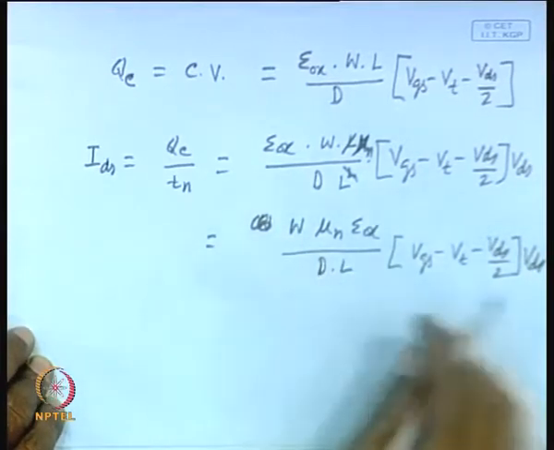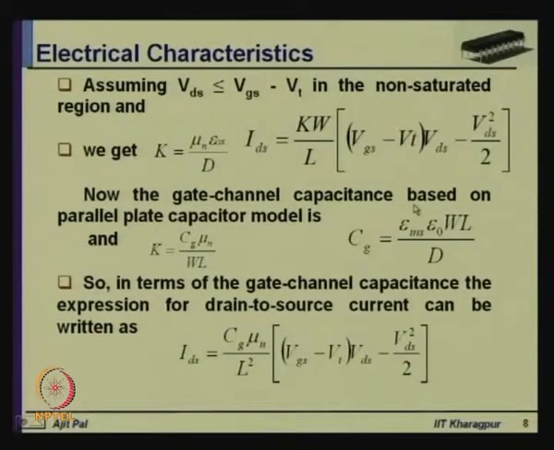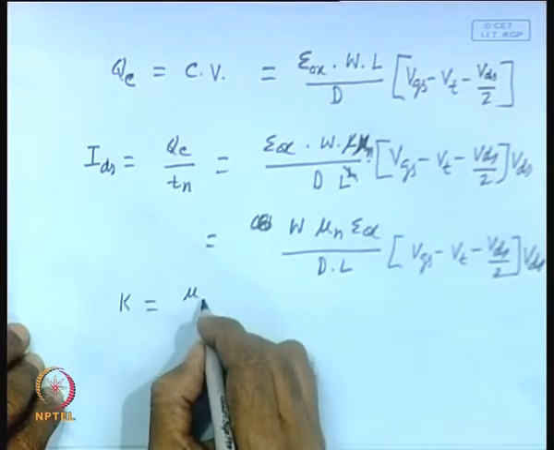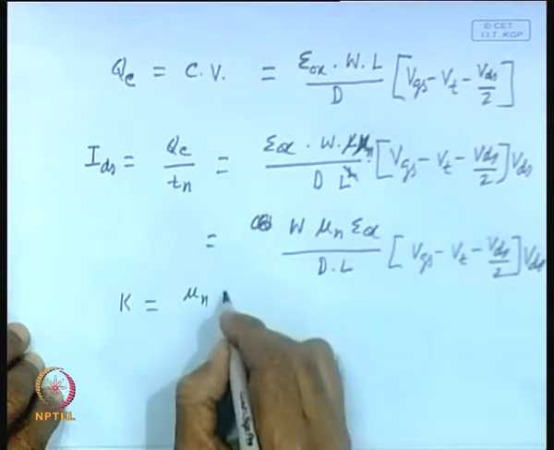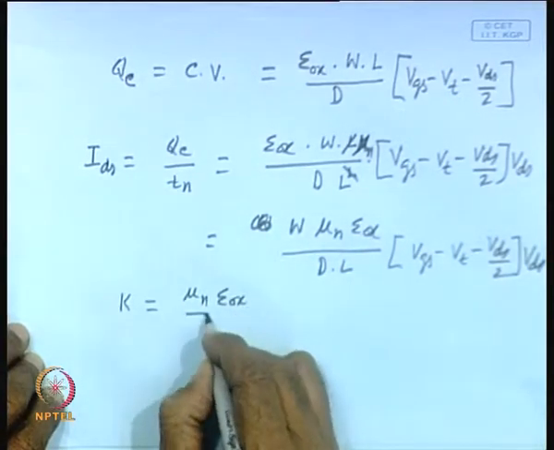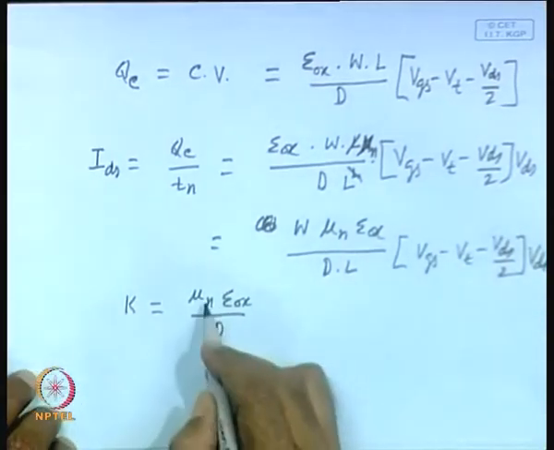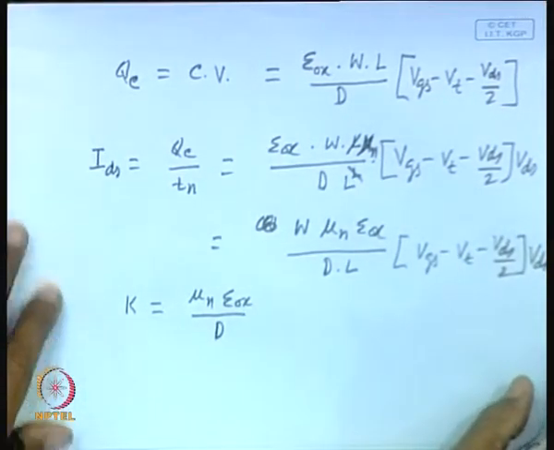Now, you can express it in terms of two other important parameters. One is known as K. K is a constant which depends on the fabrication. So, what is the value of K? We can express this current in terms of K, which is equal to mu n epsilon O x by D. When you fabricate, these three parameters are usually kept constant.